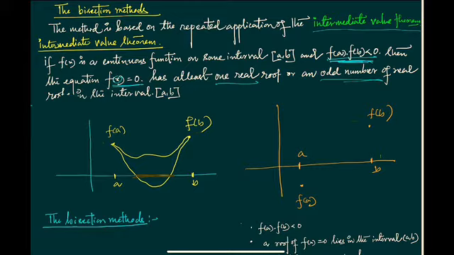Then only, when we try to join from f of a to f of b, it will go through the x-axis. Otherwise this won't happen, and the intermediate value theorem won't be satisfied. It means this is the root we are trying to find. But how are you going to find it?